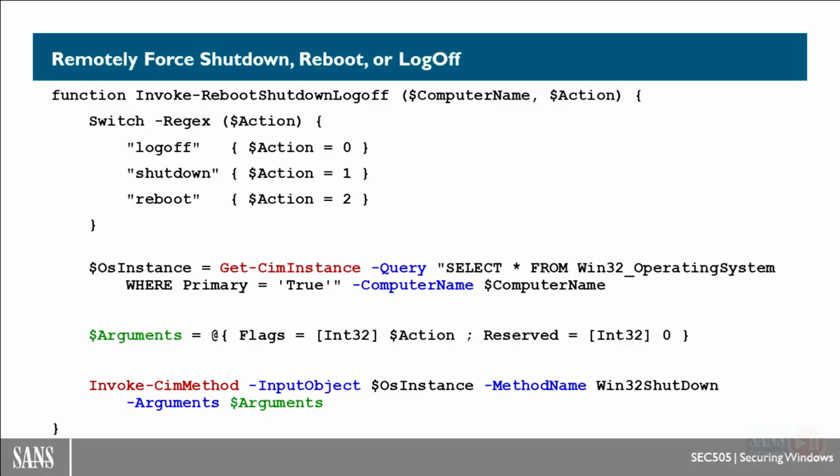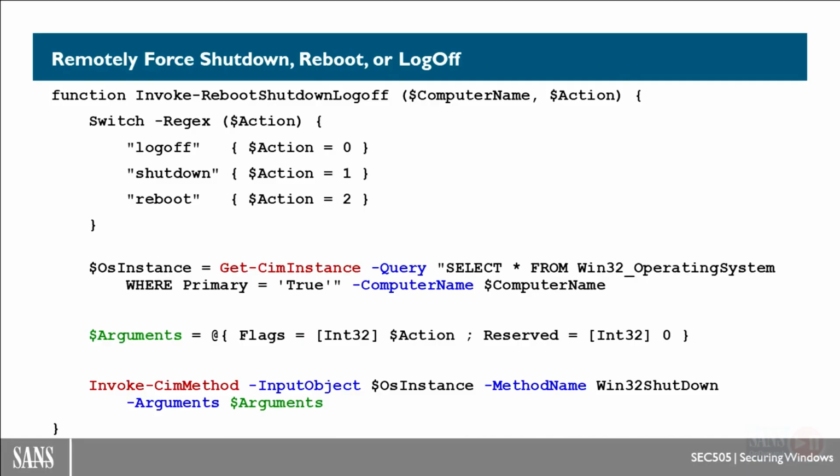And I wanted to show how you can use a regular expression pattern with switch, because this is a very handy thing to do. So you can see in the slide, we have the switch keyword followed by -regex, and then something inside parentheses. Whatever is inside the parentheses is compared against the regular expression patterns that follow.